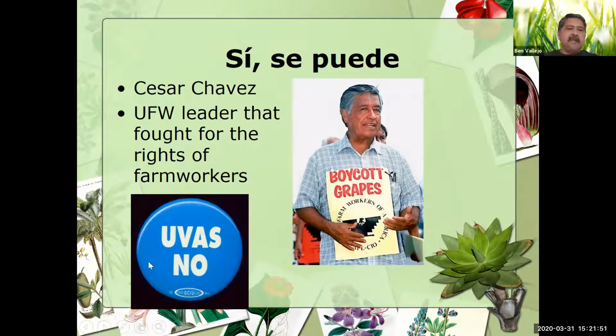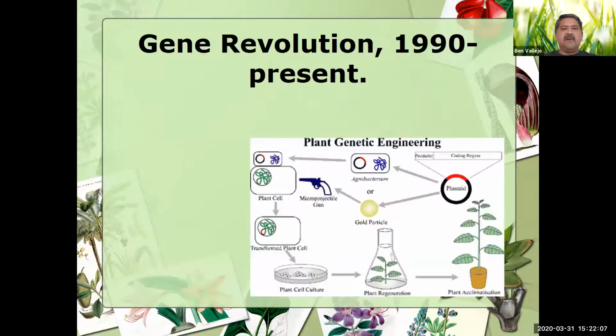This button here, I used to have a bumper sticker that said this: "Uvas, no!" So no grapes. And in the 70s, we boycotted grapes for a while to, again, call attention to the plight of the farm workers.